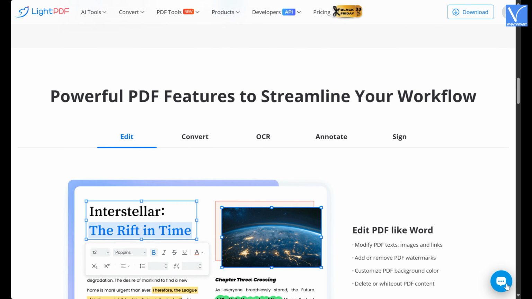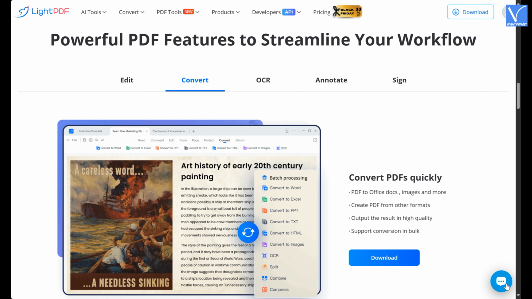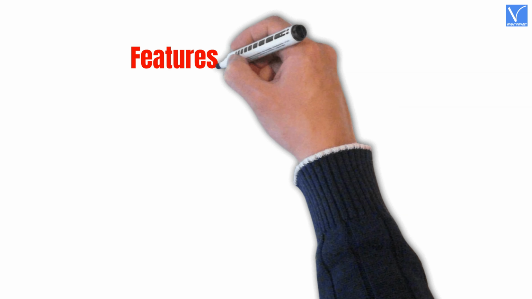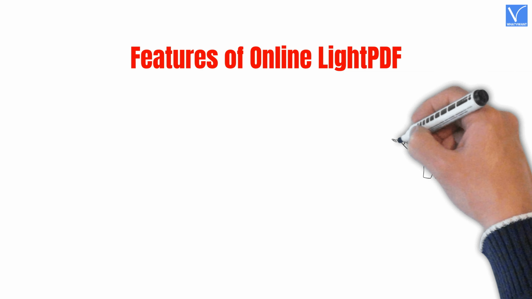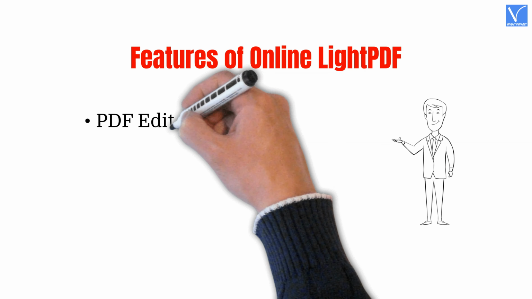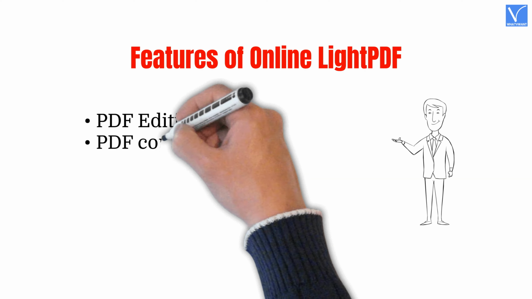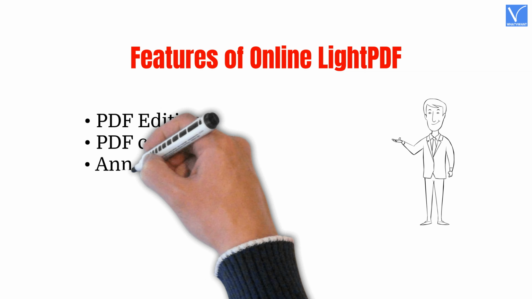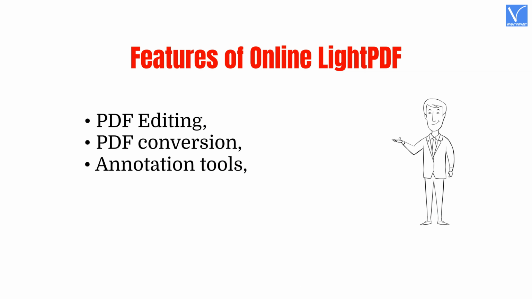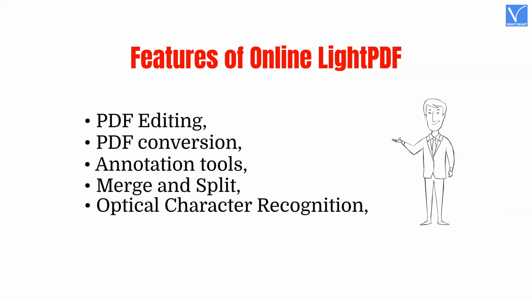It also supports cloud integration, allowing seamless access to your files anytime, anywhere. Features of LightPDF: PDF editing, PDF conversion, annotation tools, merge and split, optical character recognition, secure files.